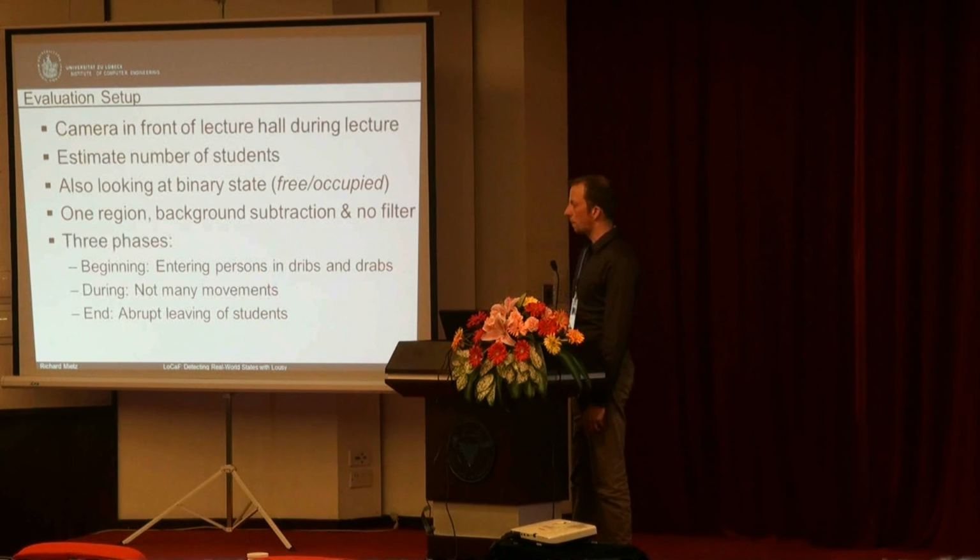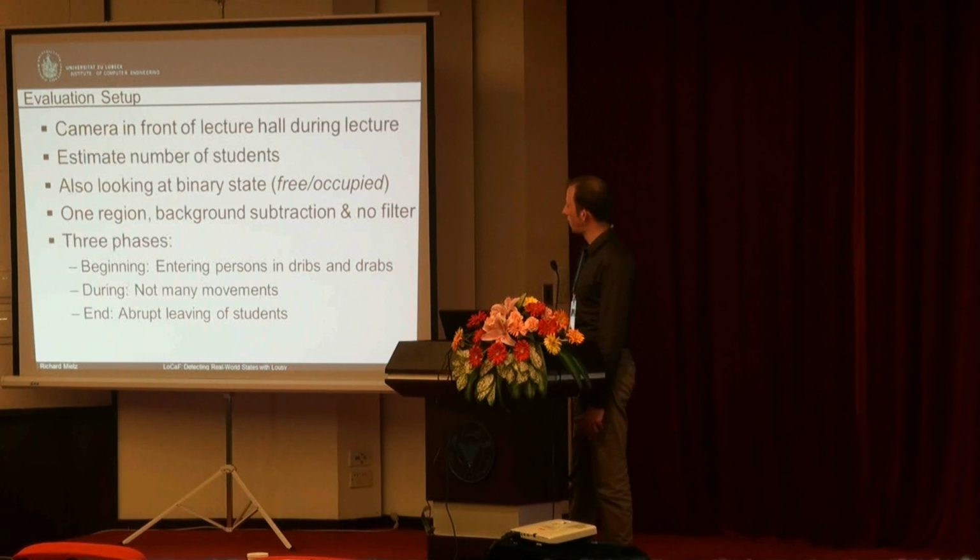We used this adaptive background subtraction because face detection is not really working well if the people are sitting far away from the camera. So with the background subtraction, you can better see or detect more people. And in the beginning we use none of these filters I explained before. Later on, I will also show some evaluation results with filters applied to the images.